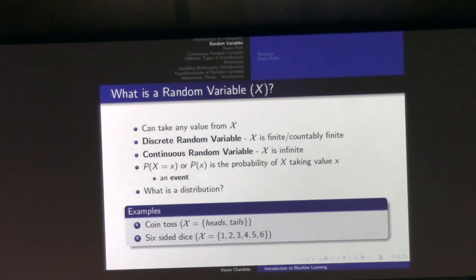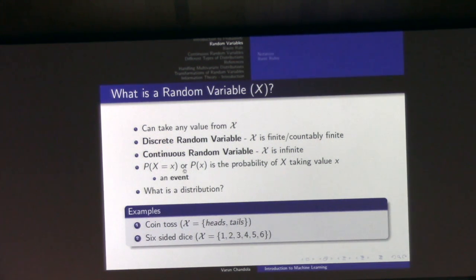So probability is a general notion, but in the context of a random variable, P of X equal to x means that this random variable X has the value small x. For example, what is the probability that the temperature tomorrow will be 35 Fahrenheit, right? In this case, the random variable is temperature, and that is capital X, and the lowercase x is the actual value, right?